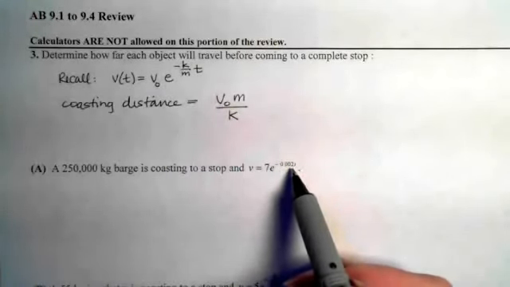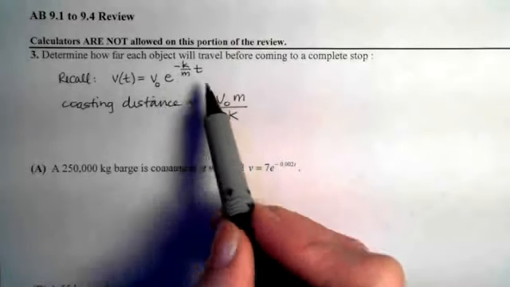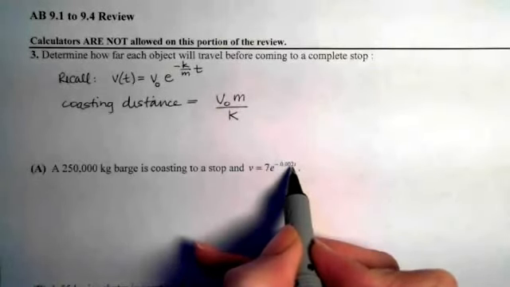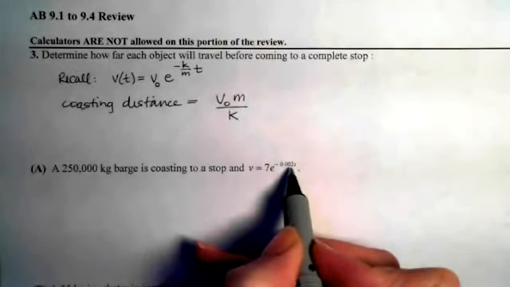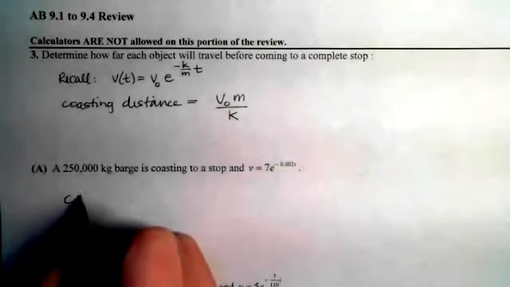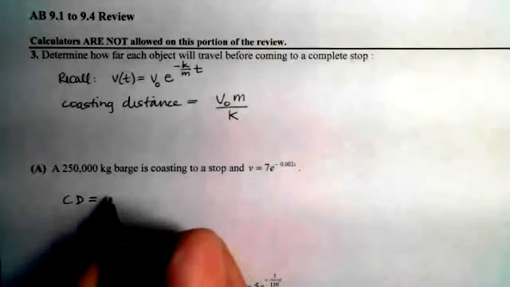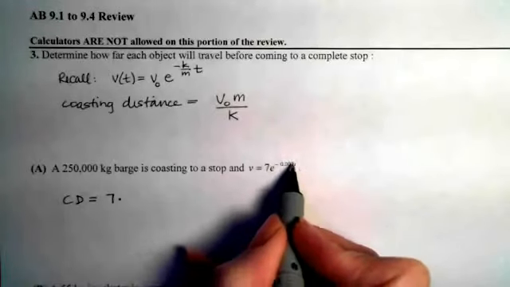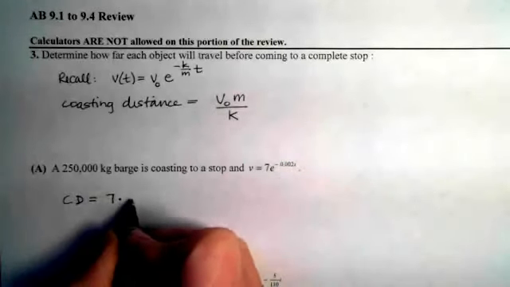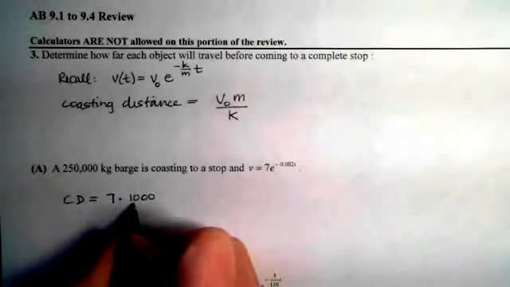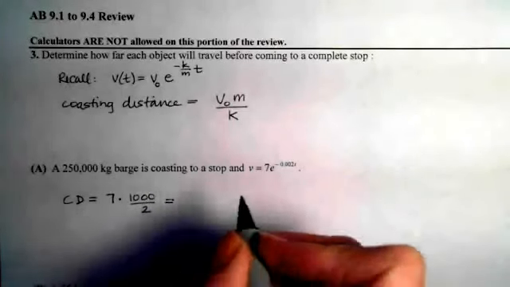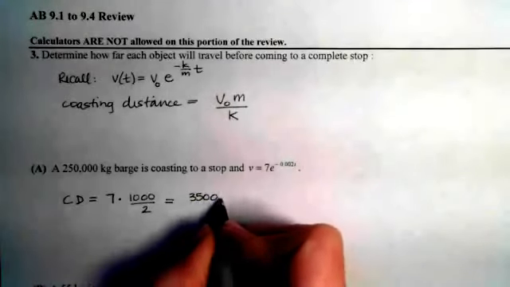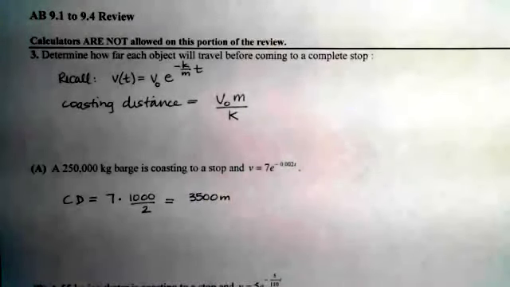Now in order to compute the coasting distance, I don't want k over m, I want m over k, so we need to take the reciprocal of this number. My coasting distance will be my v initial, which is 7, multiplied by the reciprocal of this 2/1000ths. If I multiply this out, 7,000 divided by 2 is 3,500 meters.